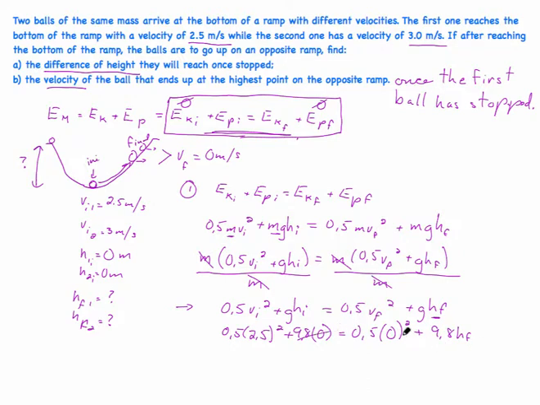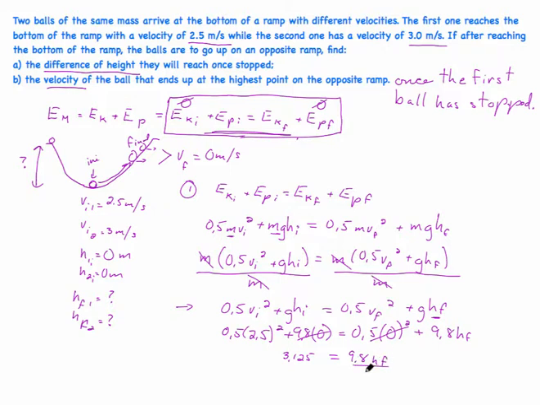So I can eliminate these two values, and I will have 0.5 times 2.5 squared, which gives me 3.125, and all of that will be equal to 9.8 times hf.